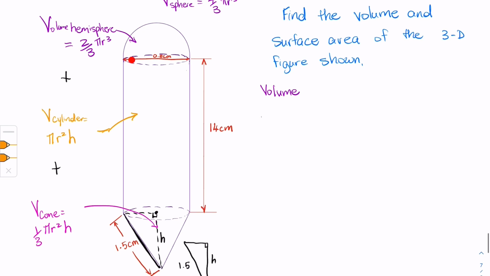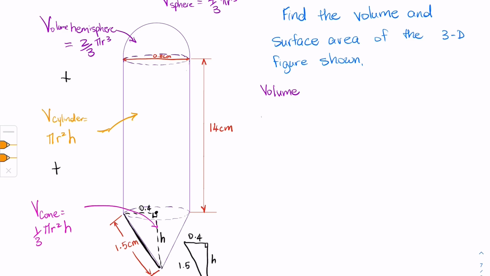So if you look up here, the whole diameter of our sphere is 0.8, which means that the radius of our sphere is 0.4. And down here, it's also 0.4. So let's label that 0.4, 0.4. Okay, so here we have our right triangle. We have two sides. We're looking for the third side.